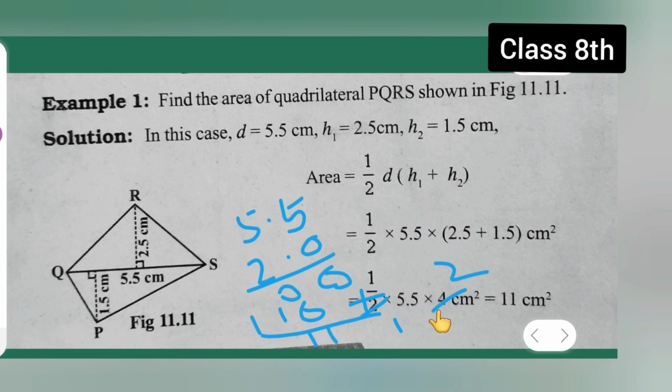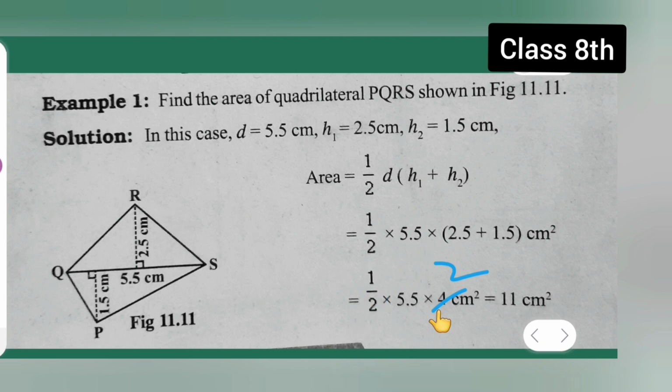So we'll get 11, right? And then 0 will be as it is, so it will be decimal point. So you all are getting 11 right over here. So this is how you all get. So 11 centimeter square.